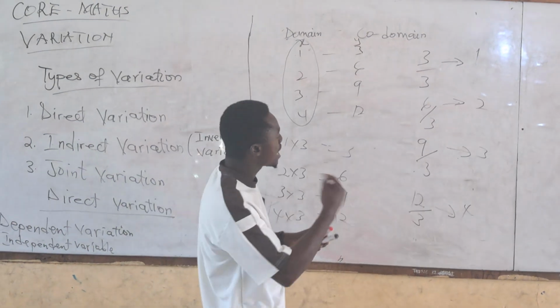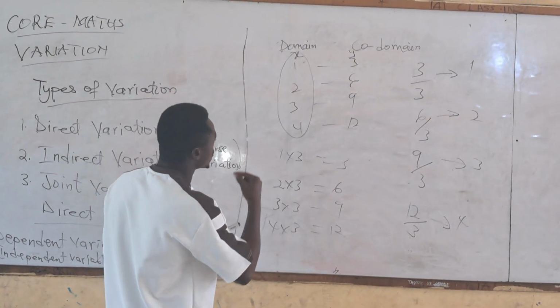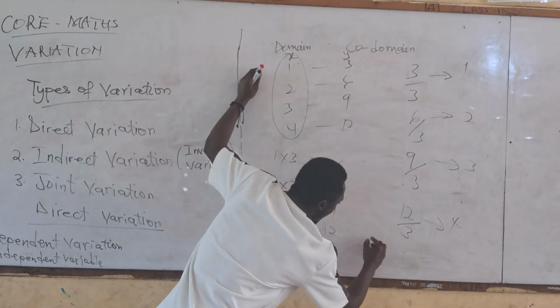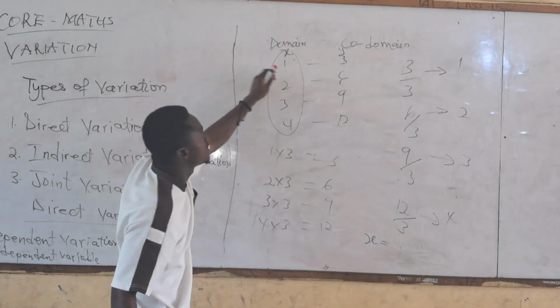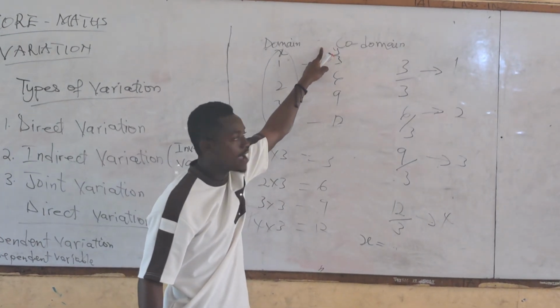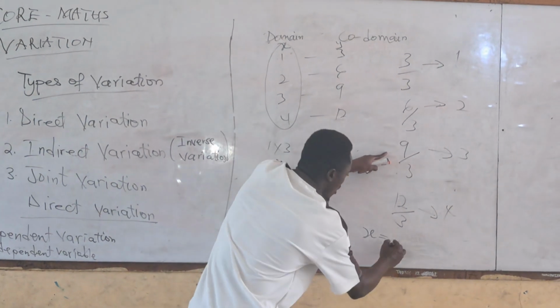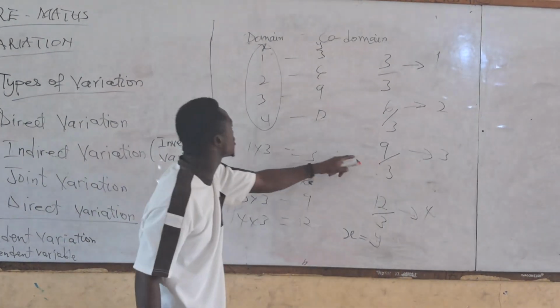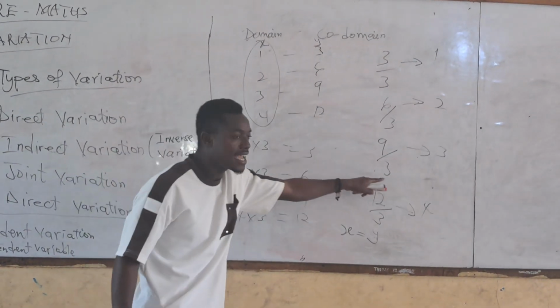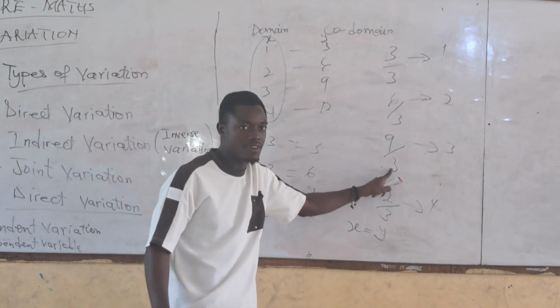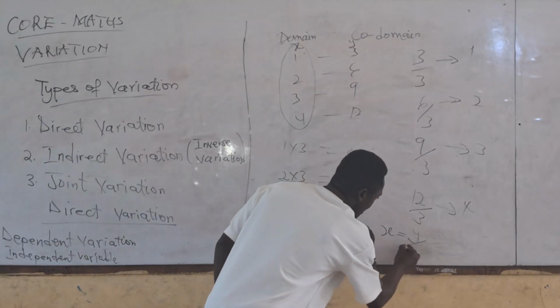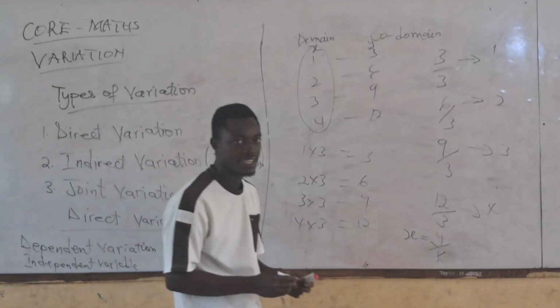Now if I want to write the formula, I can say that x equals y. Have you seen this? You always take the y divided by a certain constant, the constant k, and that normally gives us x.